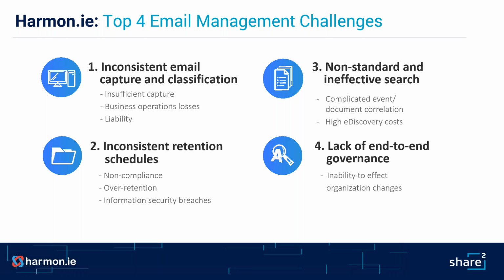That's one example of email challenges. And this gets back into the Harmony tagline of how do we make the right thing to do the easiest thing? When you boil down these four challenges, from my standpoint, my opinion, ineffective search and the inability to find content drives all the other ones.